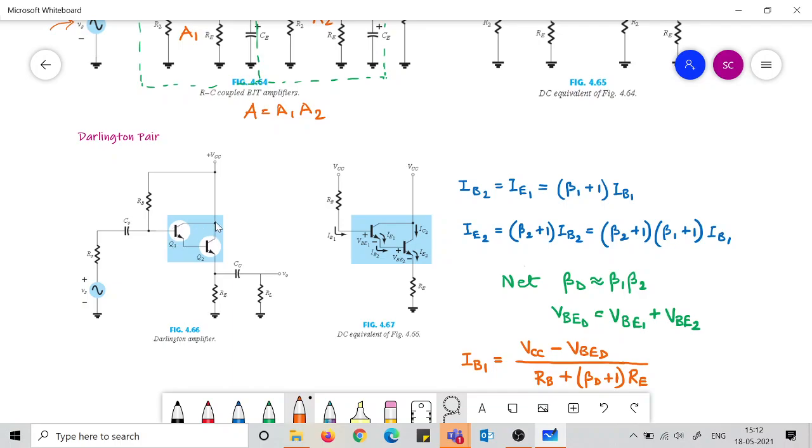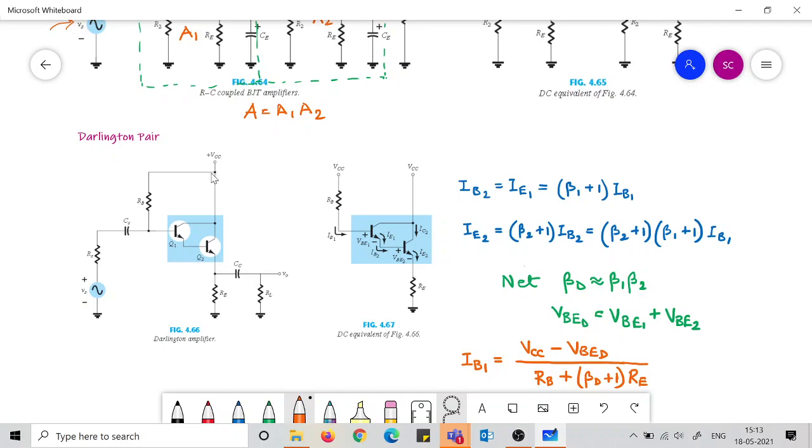So the collectors are made common. These two collector points are connected, and the emitter of the first transistor is passed on to the base of the second transistor.